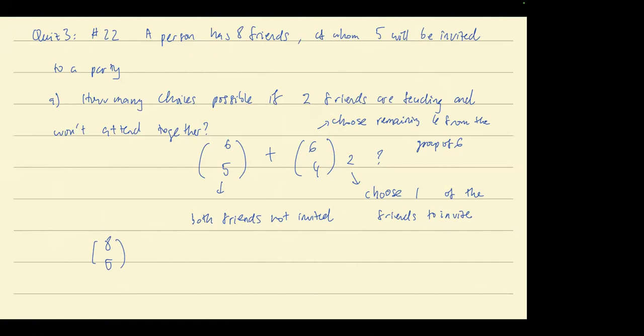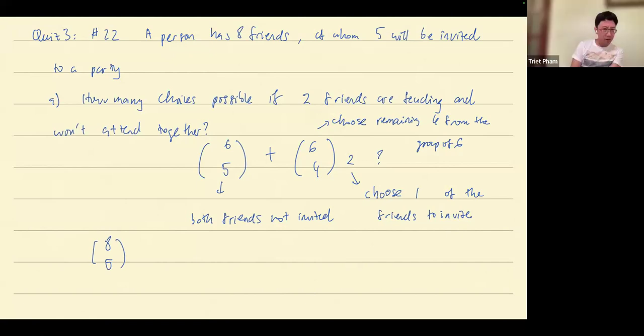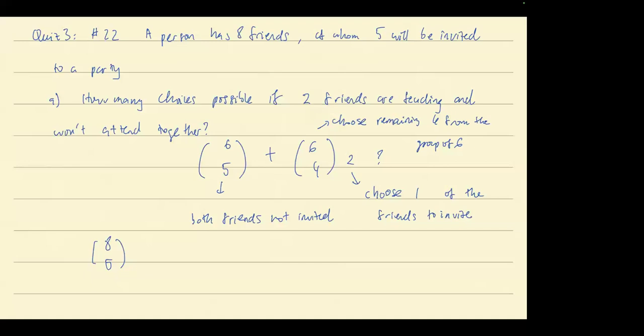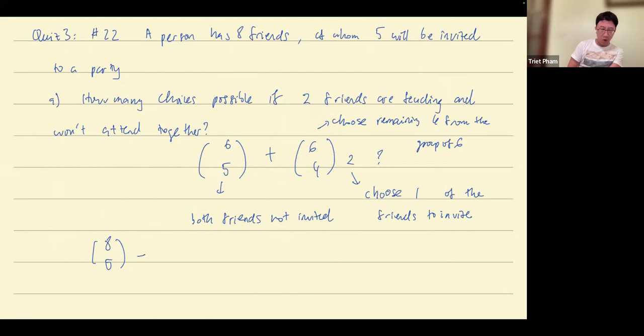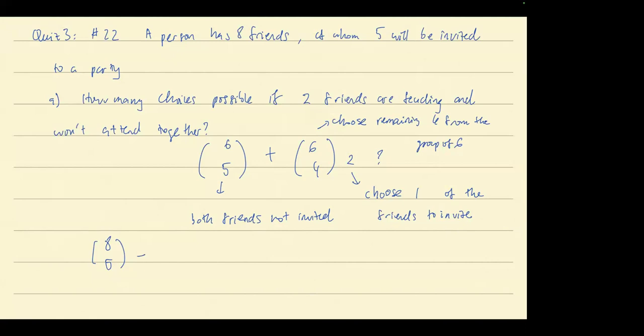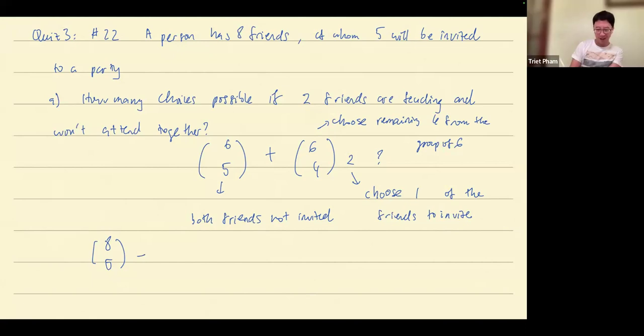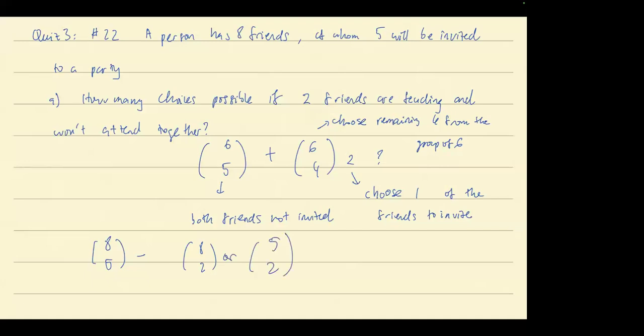So to choose 5, I think, and then subtract the second one, which is what? 8 choose 2 or 5 choose 2 is what I meant. Sorry, there's no such thing as 8 choose 2 or 5 choose 2. That's not an expression, is it? No, I just wasn't sure which one.